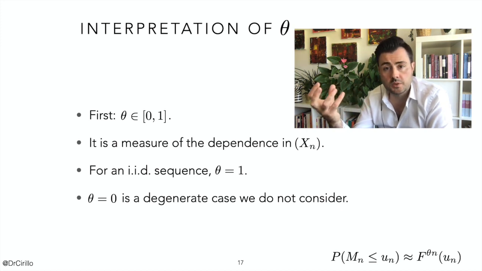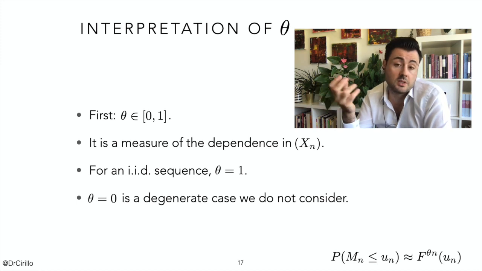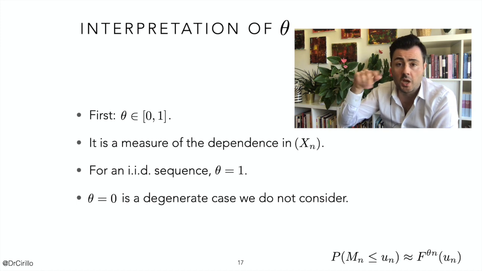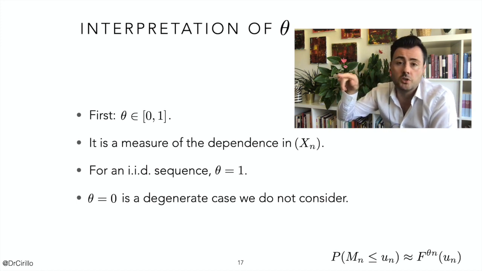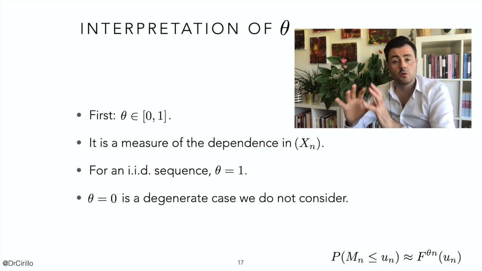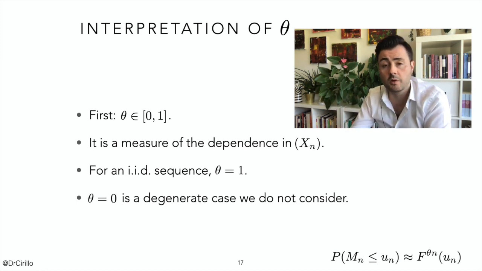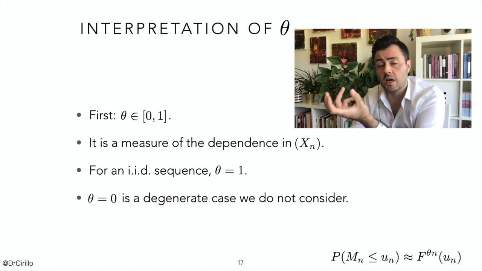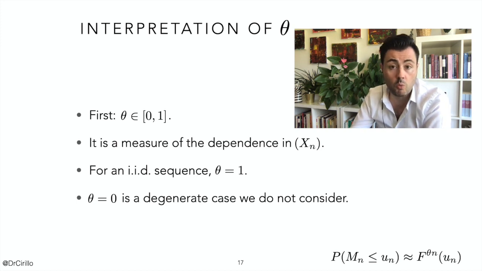This quantity is trivially 1 when our time series is made of i.i.d. observations, because in that case we recover the basic Fisher-Tippett theorem: the normalized maxima will converge to a GEV to the power 1, which is a GEV. So we are back to the standard framework. In all the other situations, when there is dependency in the data, theta is smaller than 1.